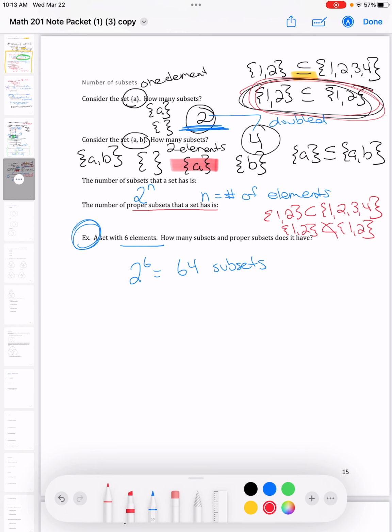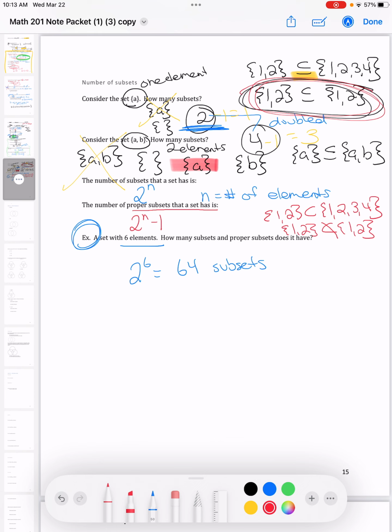So that means that we are getting rid of one of them. We're getting rid of the one that's equal. That would mean up here, getting rid of that guy. So instead of 2, I would have 1. You're getting rid of this guy. So instead of 4, I would have 3. So you always have to subtract the one that's equal.